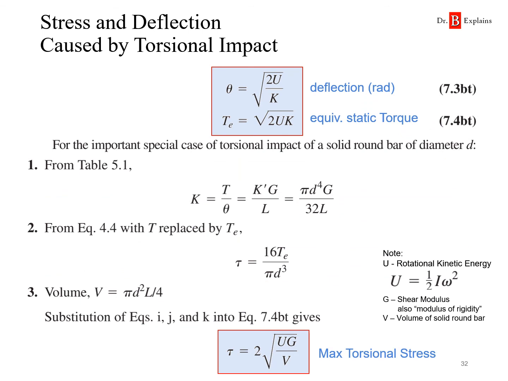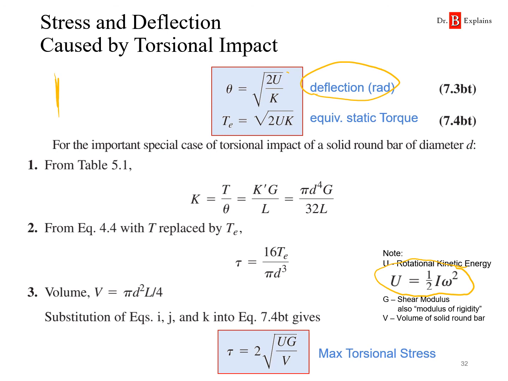Without going into too much detail, instead of a static deflection, like how much it's going to give, this is in radians, and that's going to be equal to the square root of 2 times U, that is this rotational energy, divided by K, the spring constant. What is U in this case? Well, we'll use the rotational kinetic energy, or 1/2 I omega squared, where omega is the rotational velocity.